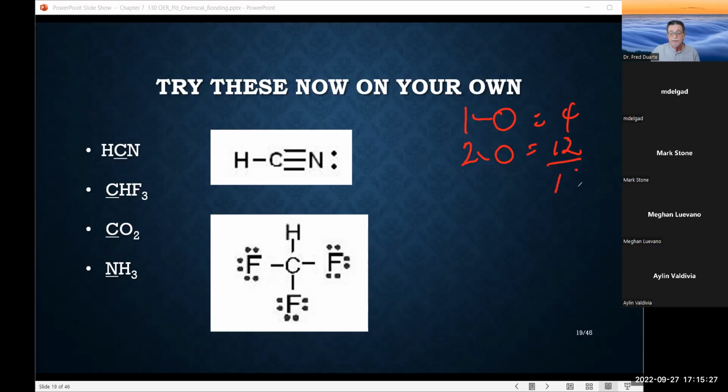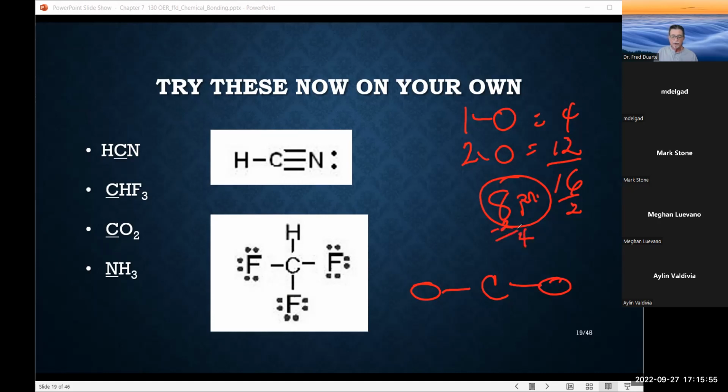So we have 16 valence electrons divided by 2 gives us 8 pair to work with. Carbon's the central atom. So I can very quickly put carbon down. Then I got 2 oxygens bonded to them. So I can just go on each side and put 2 oxygens. So that takes care of 2 pairs. So I got 4 pairs to work with.